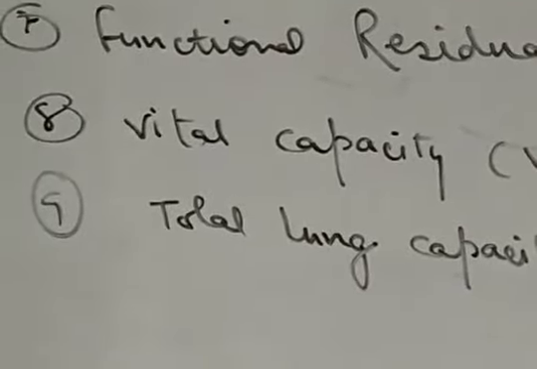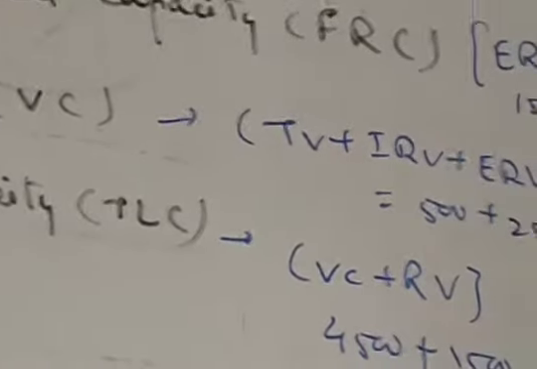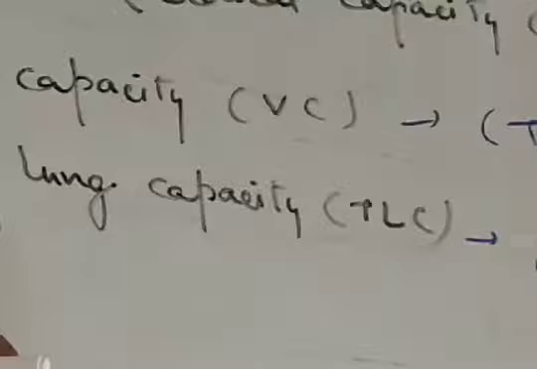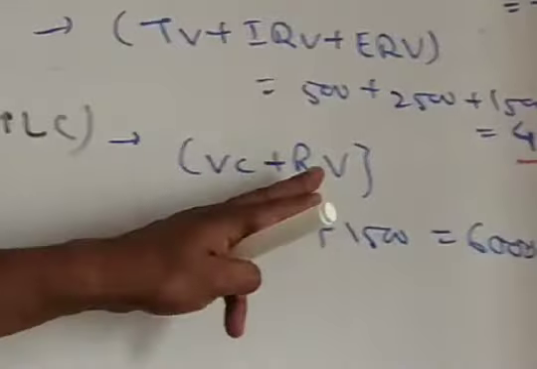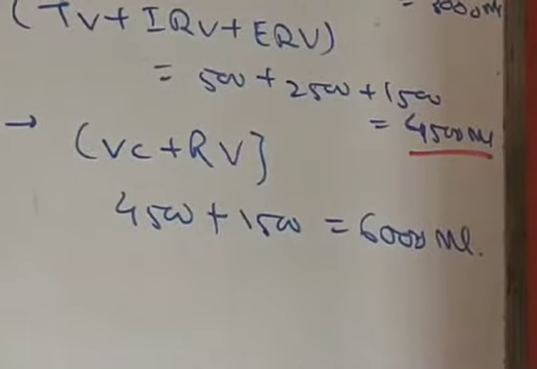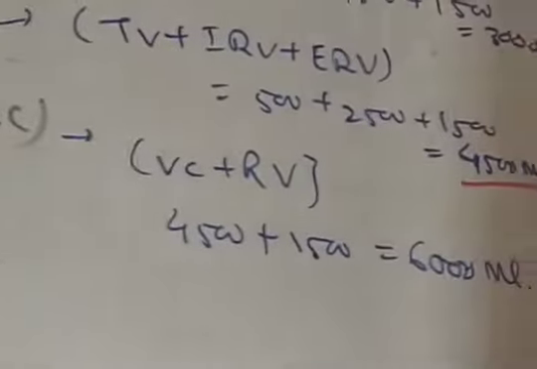The next term is total lung capacity, also called TLC. It is the sum of VC plus residual volume. Vital capacity added to residual volume will give us total lung capacity.